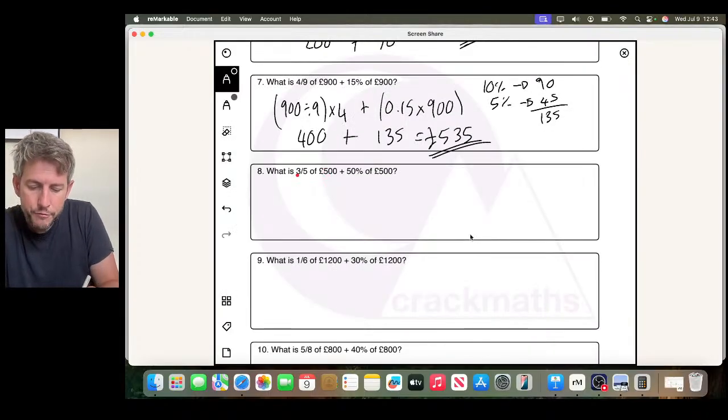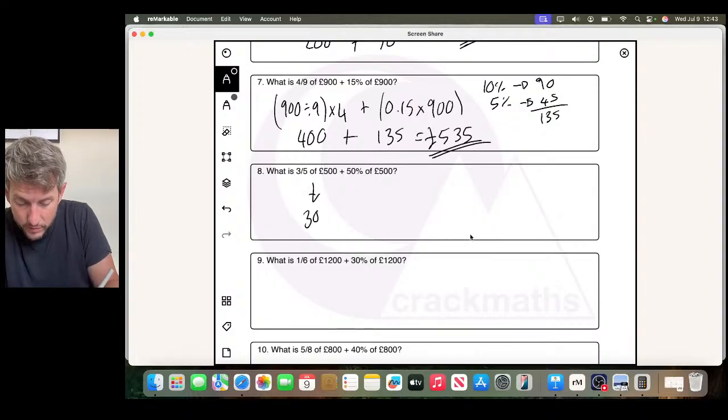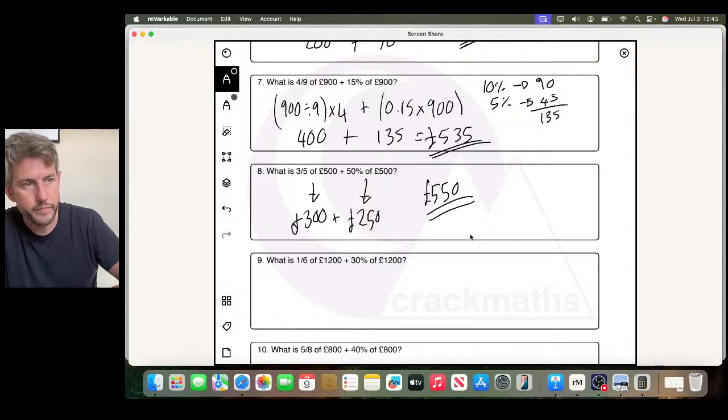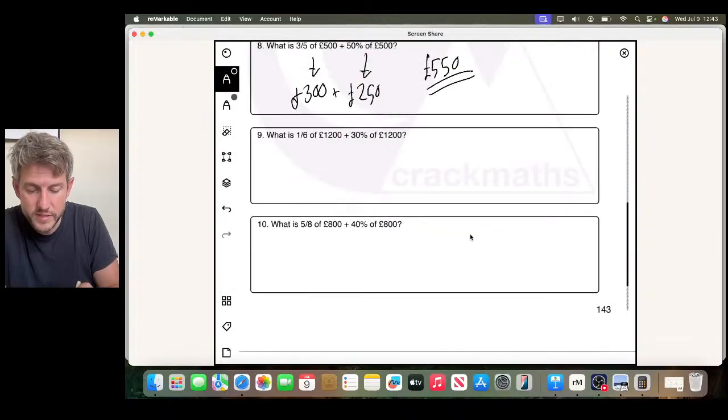So 3/5 of 500. Well, 500 divided by 5 is 100, so 3/5 of that is going to be £300. And then 50% is just half, so half of 500 is 250. So we're looking at £300 plus 250, so that will be £550. Question 9, we've got what is 1/6 of 1,200 plus 30% of 1,200?